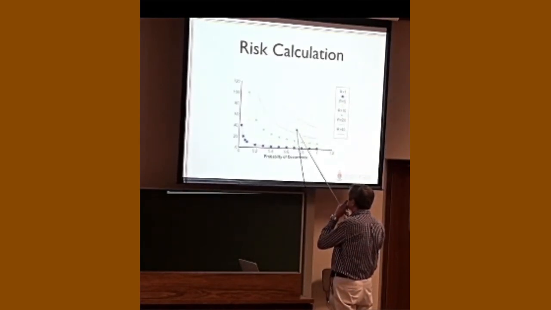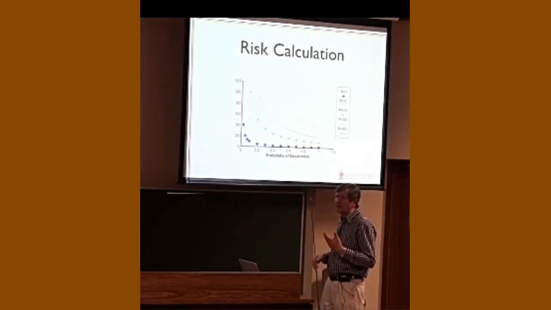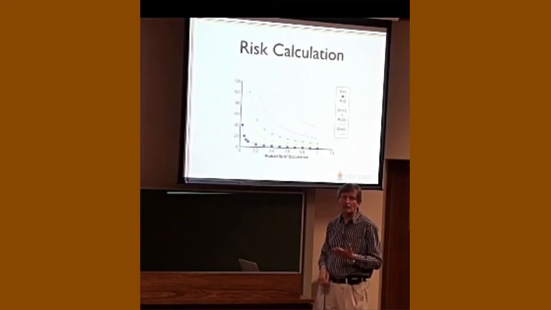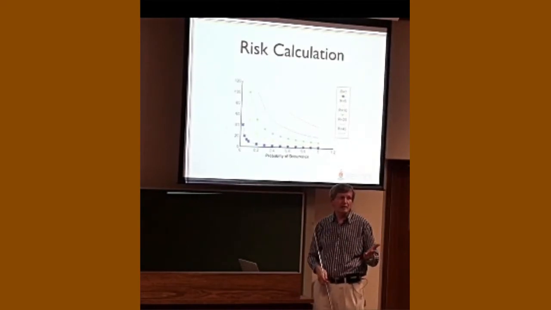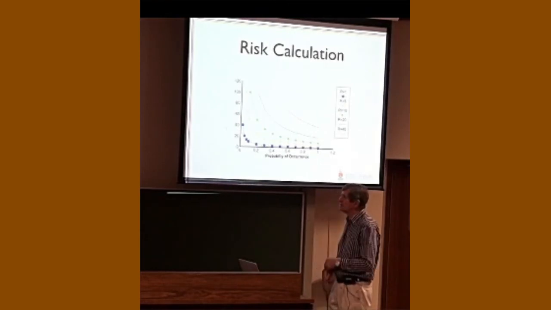So this risk is much higher than that risk there. So that's the use of the ISO risk lines. You can work without it, but in the risk world, people tend to draw these ISO risk lines.